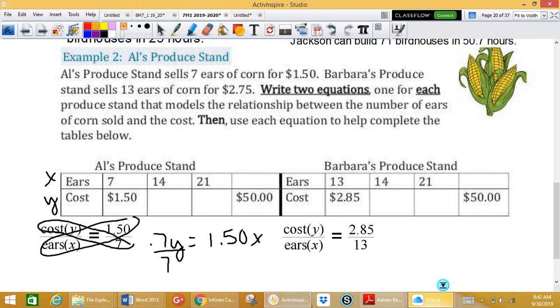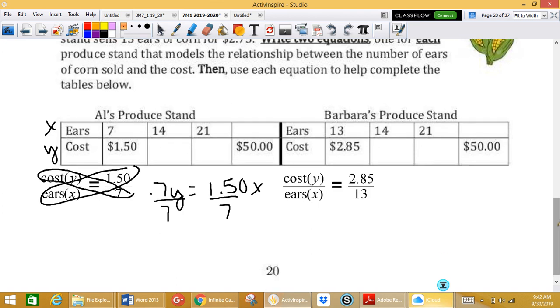Divide each side by 7. So I have y equals 1.5 divided by 7, which is 0.21x. So now I can use this to plug in for 14 and for 21, and then also to find for 50.